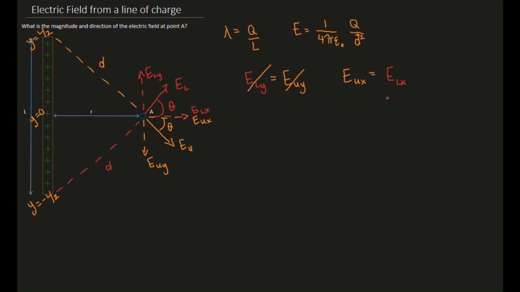So we can add them together, and because they're equivalent, we only have to solve for one half of the line of charge and then multiply it by 2. So our total electric field is equal to 2 times the x component, evaluated using either the upper half or the lower half.